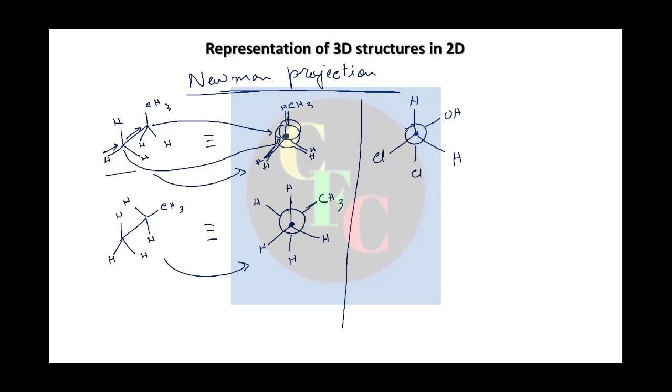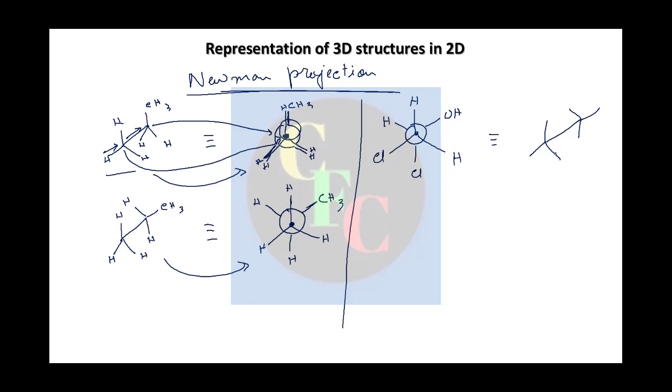And H. So what will be the Sawhorse diagram? As you can see, this is a staggered form. So what we'll do first, we'll draw an oblique line, right? We'll draw the front 3 bonds of the front carbon atom and put a Y shape for the carbon behind, which is at the back, because it is staggered.